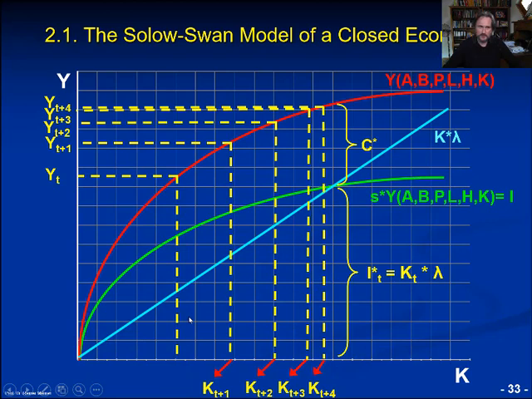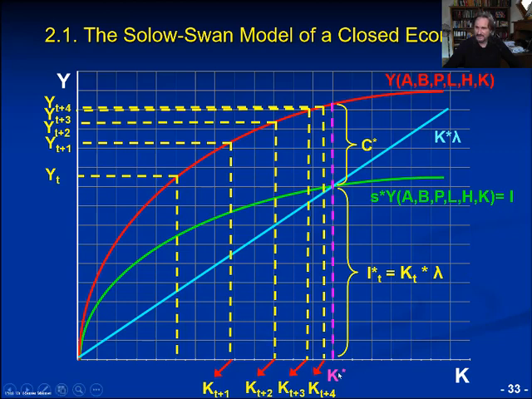As we can observe, net investment, the difference between the gross investment curve and the depreciation line, gets smaller and smaller. When the intersection point between the gross investment or savings curve and the depreciation line is reached, net investment will be zero and the capital stock growth will stop.